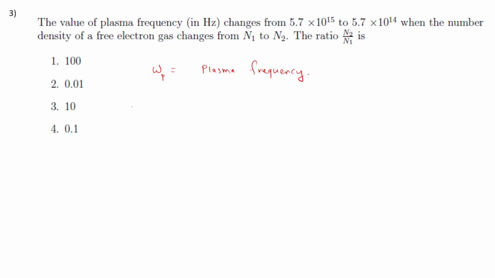We have to first consider an electron gas. Let us say there is some electron gas all around, and we just consider a small volume like this. In this cuboidal volume there are free electrons, and the electrons are free to oscillate or move.